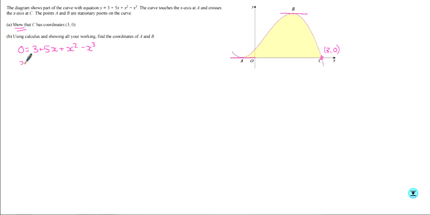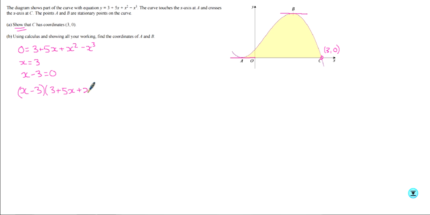So if x is 3, we just have to show that 3 is a factor of this and it's equal to 0. If you imagine when you solve quadratics, you could see whether x minus 3 is a factor of this polynomial.